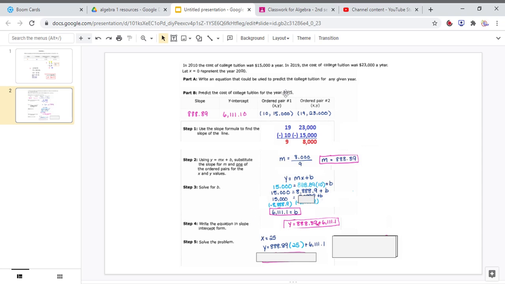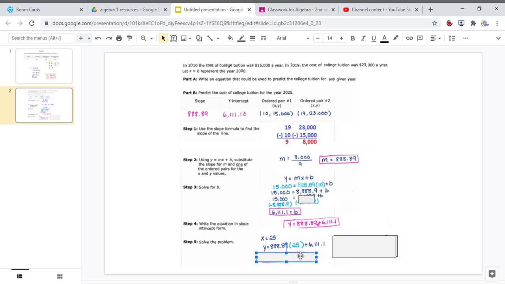Okay, so we're going to figure out what our X was. In 2025, if we take that from 2000, that means it's 25 years. So our X is going to be 25. So we're going to use our equation here and put our X in place of it. So we have $888.89 times 25 plus $6,111.10.